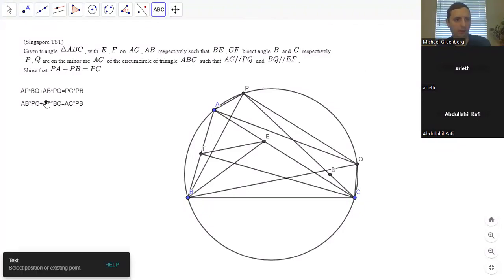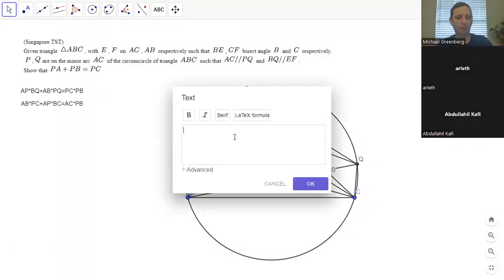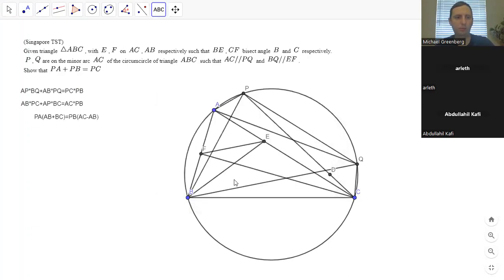So if I did replace this here, it would be the same as saying PA times (AB plus BC) is equal to, I'm just replacing it right here, and then equal to PB times (AC minus AB), after I subtract it from both sides. So if we can prove this, that's equivalent.